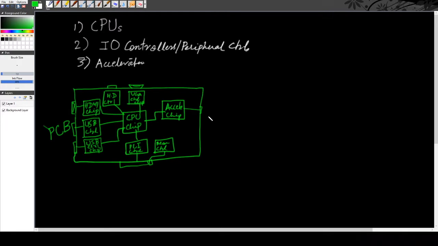Now, this PCB or this system created in this way has several disadvantages. One of them is that it's a pretty large area. You have discrete, off-the-shelf components. I mean, they're already built by different vendors.